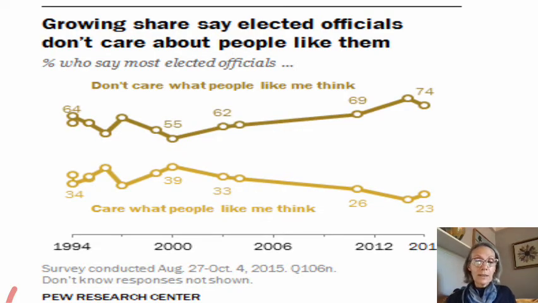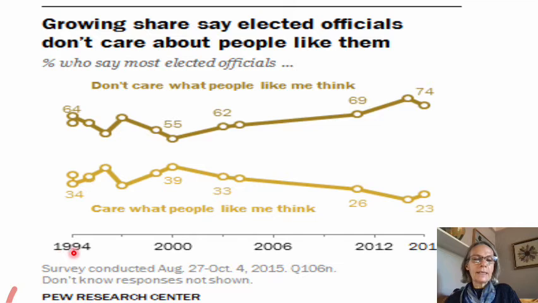This slide is also from the Pew Research Center, and it shows how people's belief that elected officials don't care about them has grown over time. So this dark line up here is saying that elected officials don't care about what people like me think.